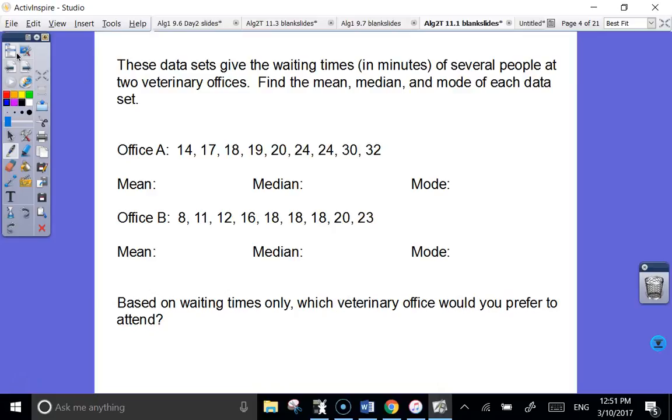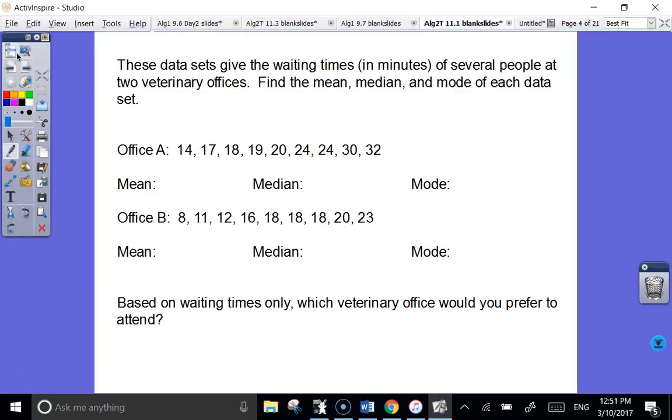So, add them up. 14 plus 17 plus 18 plus 19 plus 24 plus 24 plus 30 plus 30.